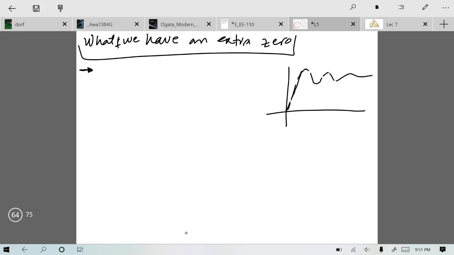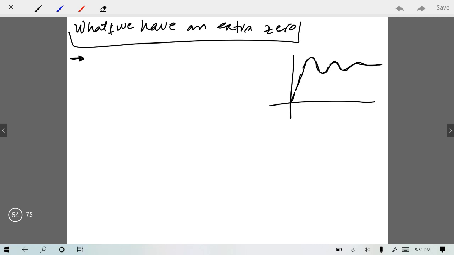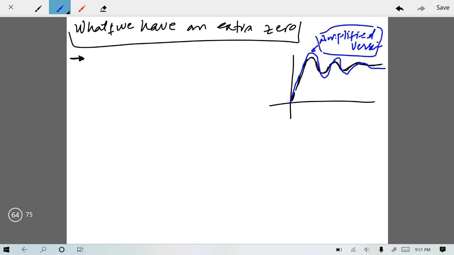For example, if this is some response of the system, then with an extra zero, everything in this response will be amplified. It would be an amplified version of the previous response, just like if some response is multiplied with a gain factor k.